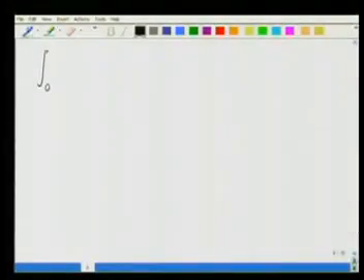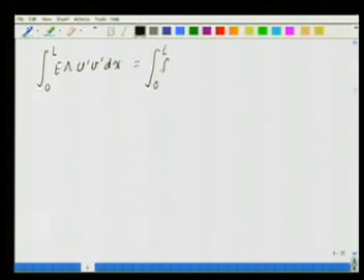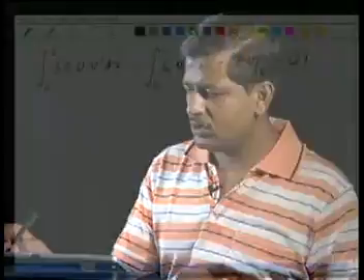From 0 to L, we have EA u prime v prime dx, which is equal to integral 0 to L f naught v dx plus P v evaluated at L minus Q v evaluated at 0.